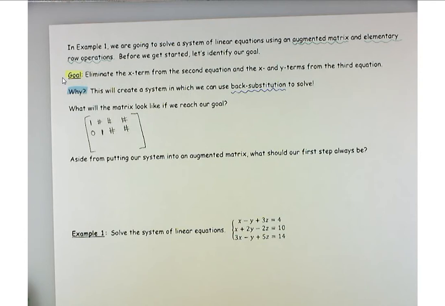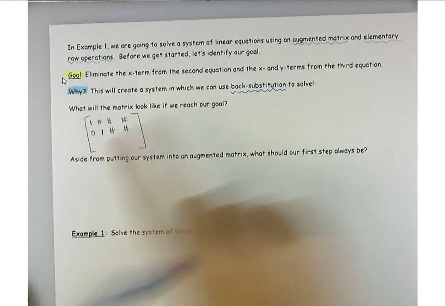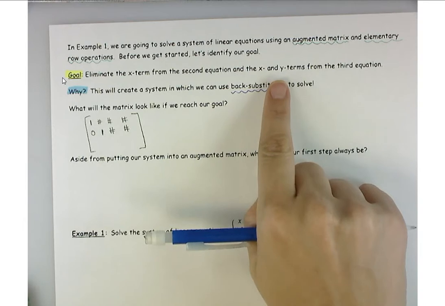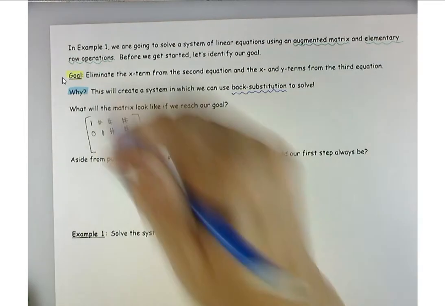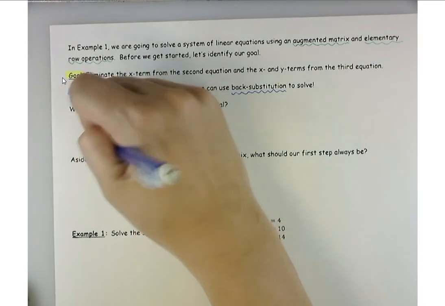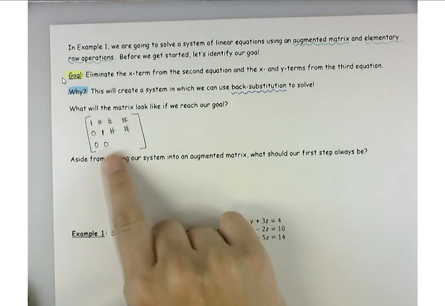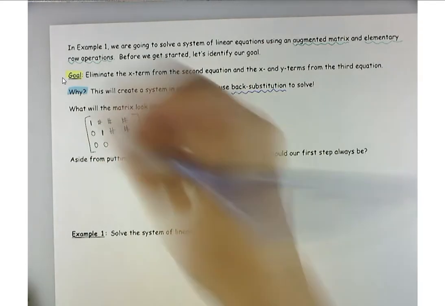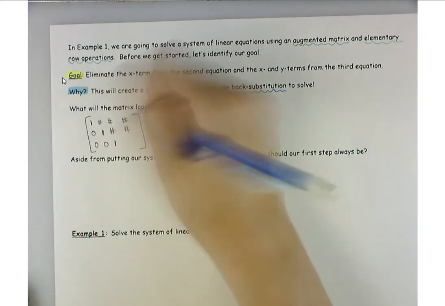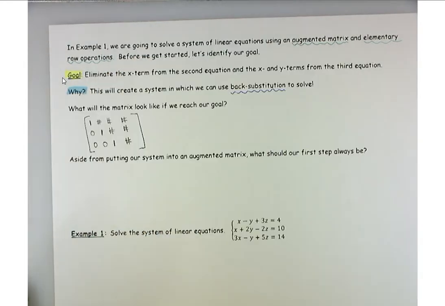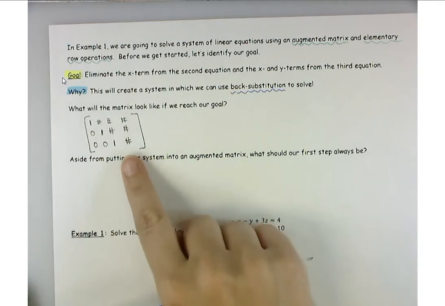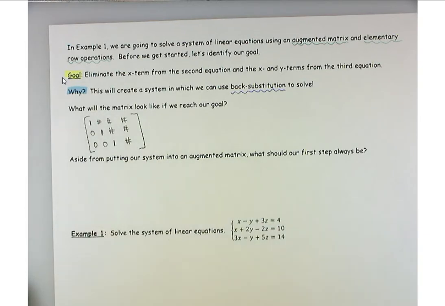Okay, now in the third row, we want to get rid of the x and the y terms. So in for x, I'm going to have a 0, but I'm also going to have a 0 in for y. That means I want to just have 1z, and that would be equal to a number. Okay, so, yeah, and this is a number symbol, not hashtag.